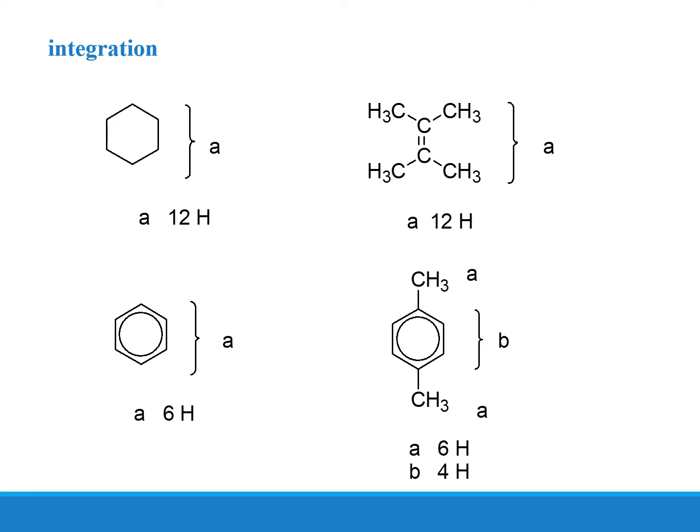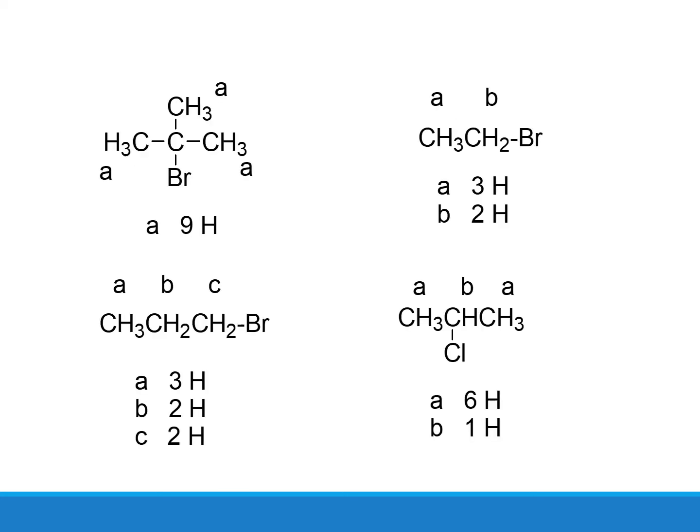They'll be in a 6 to 4 ratio, or 3:2. So for tert-butyl bromide, where all the hydrogens are in the same environment, the area of the peak is simply the sum of the hydrogens.